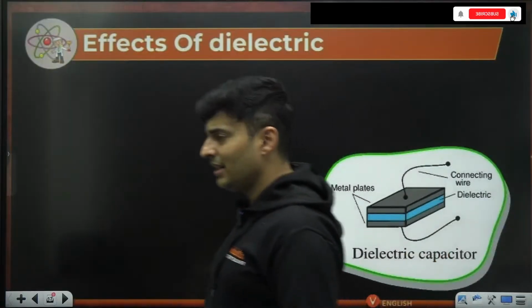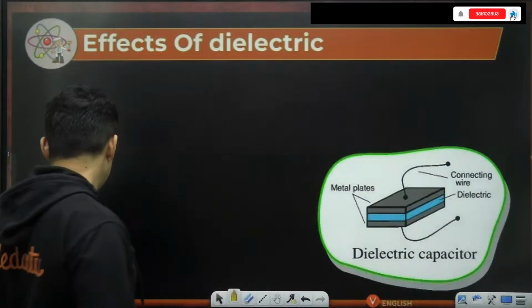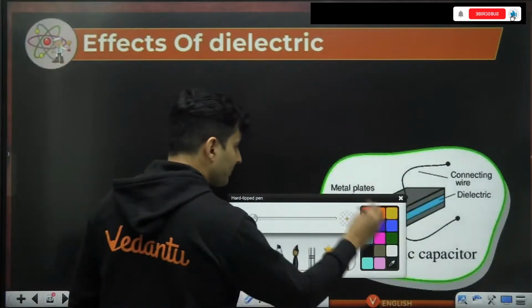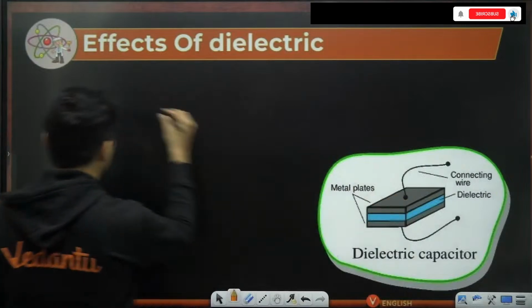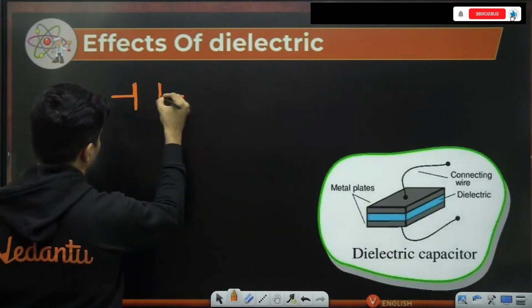Now, what does a dielectric do? Simply put, it just increases the capacitance. Why does it really increase the capacitance? I'll give you a simple example. See, imagine there is a capacitor.